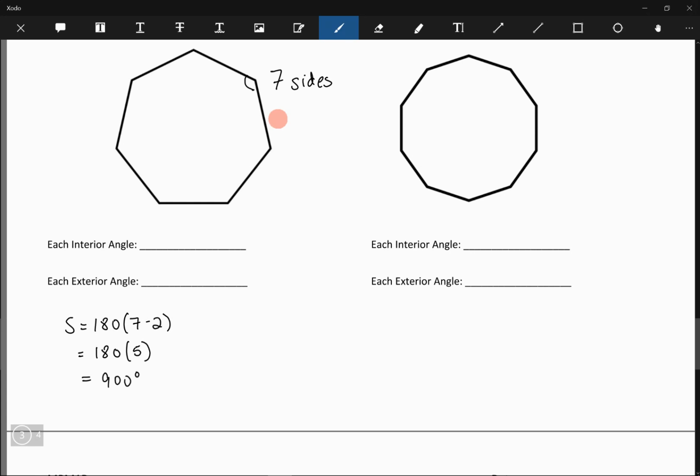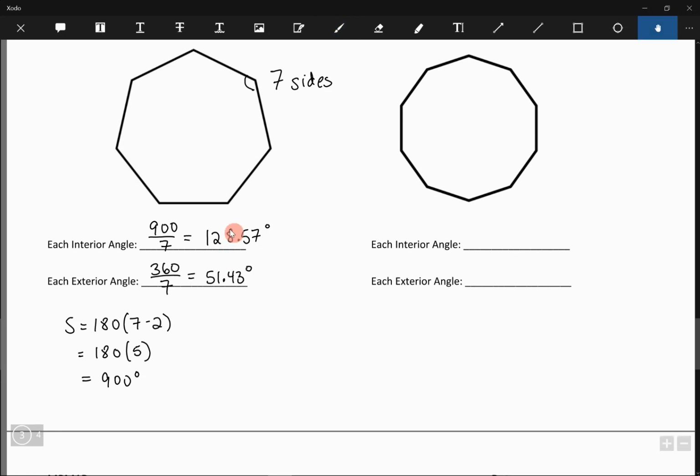So I have to take this 900 degrees and divide it by 7 equal angles. If I do that, I get 128.57 degrees. Okay, and because this is a convex polygon, the sum of all the exterior angles is 360 degrees. So if I have 7 sides, 360 divided by 7 is 51.43 degrees.